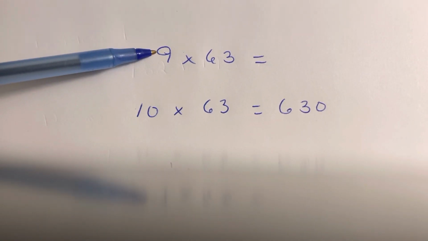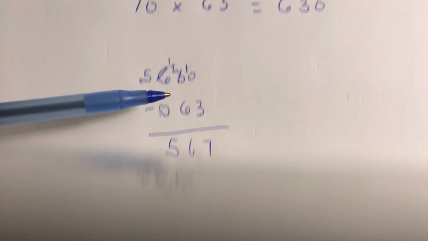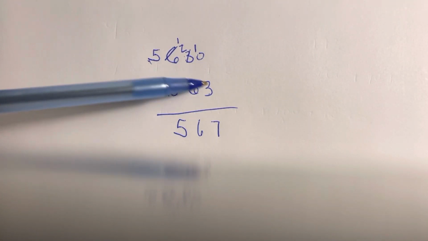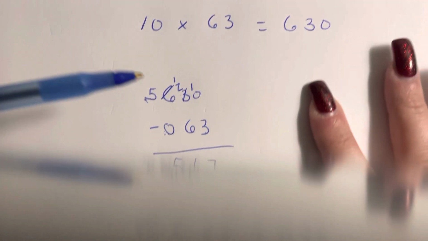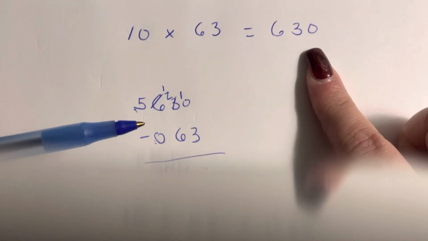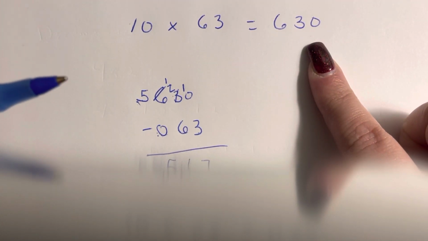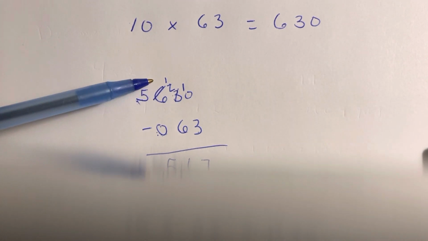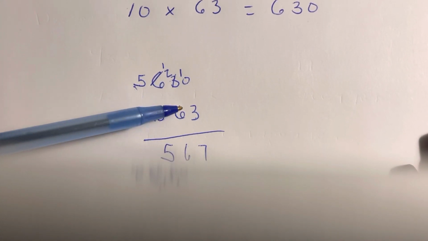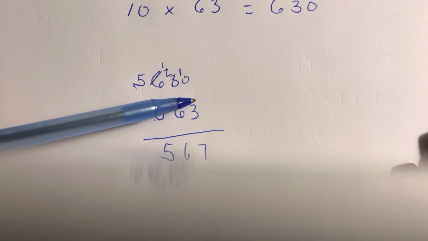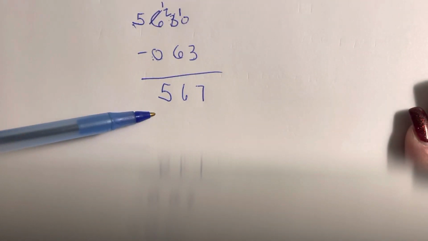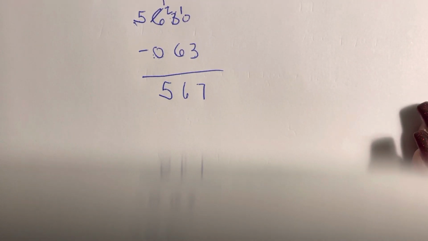So if you only want 9 groups of 63, you would subtract 1 group of 63 from the total that you got from the 10 groups of 63, which is 630. So you would take 630 and you would minus 63, which is the 1 extra group of 63 you have, and then you would get 567.